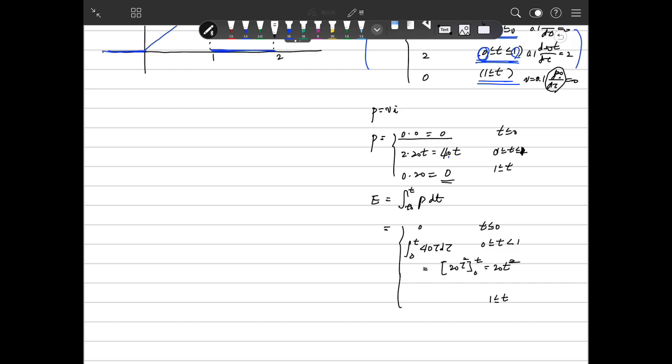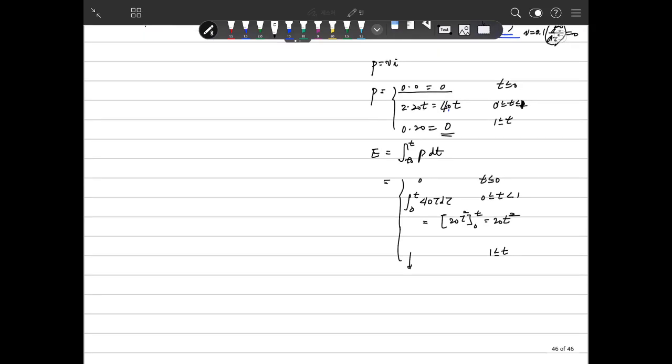So in this case, the energy at t is the energy at 1 plus the integral from 1 to t of 0 d tau. So it is the same as the energy at t equals 1, that means 20. So that will be 20.